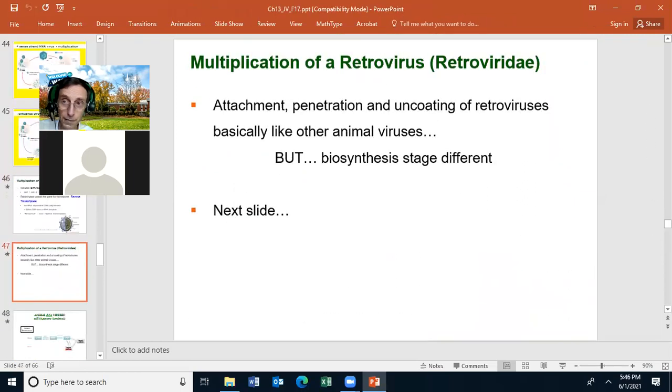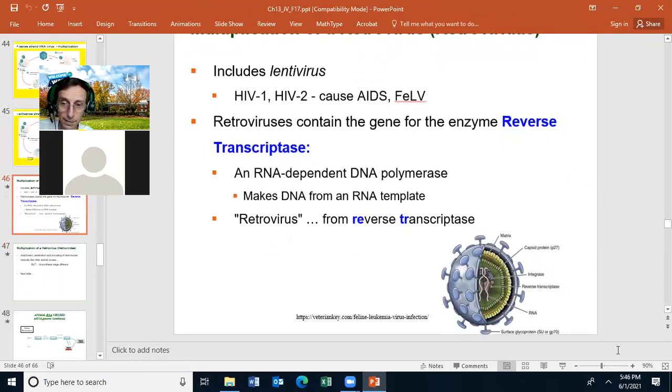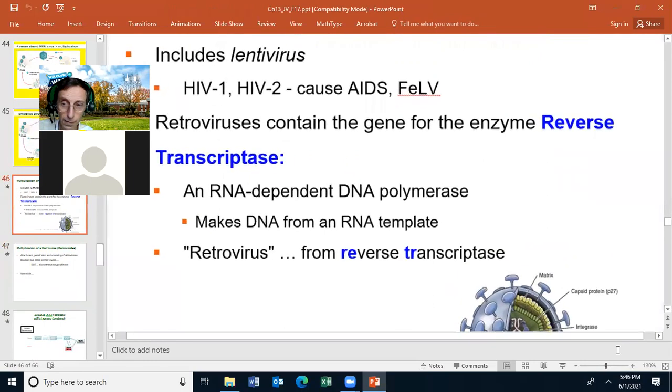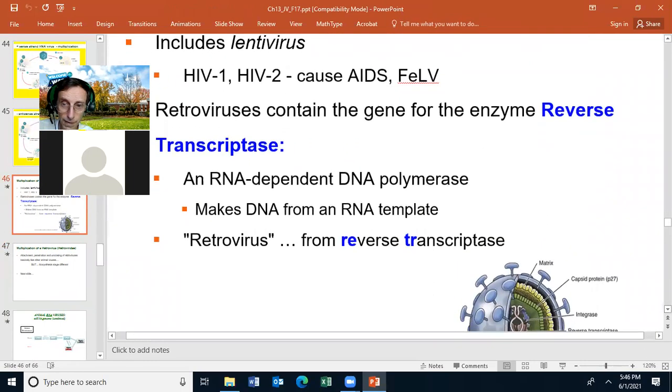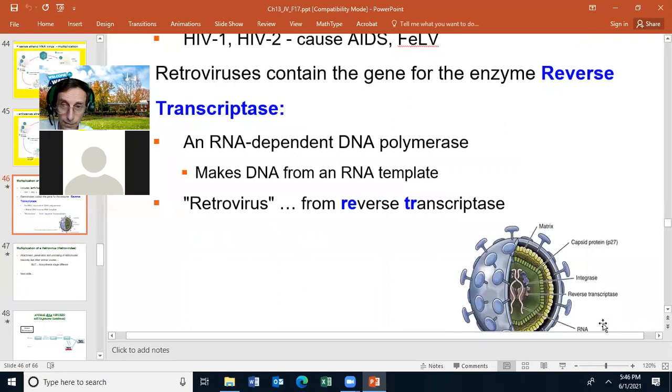Let me blow this up. If we look at the virus here, you can see there is reverse transcriptase inside the retrovirus, meaning an enzyme of reverse transcriptase. And in the genome of the virus, there is a gene for reverse transcriptase.